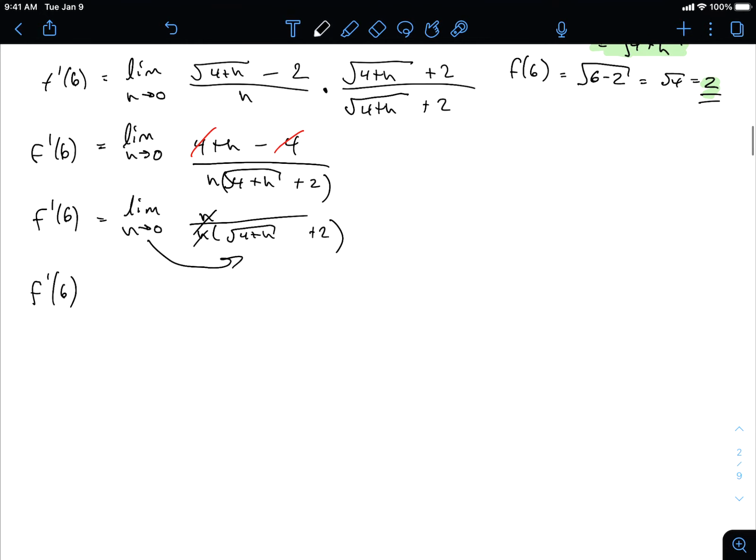So we get 1 over the square root of 4 plus 0, plus 2. The square root of 4 is 2, and 2 plus 2 is 4. So we know that the slope is going to be 1/4 at x value 6.